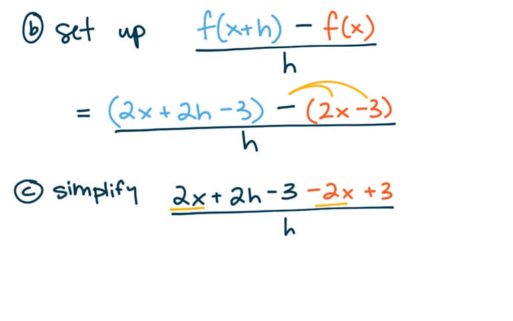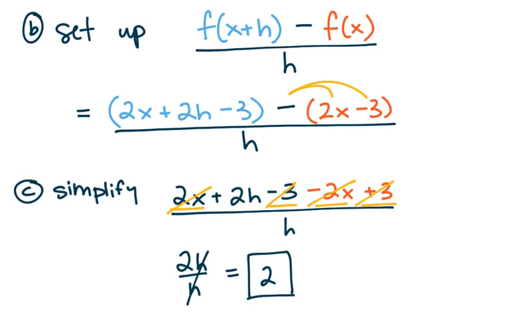So I have 2x minus 2x, those are both gone. Negative 3 plus 3, that sums to 0, those are gone. This simplifies to 2h over h, which simplifies down to 2. So 2 is our difference quotient. All right, and that's a linear difference quotient.